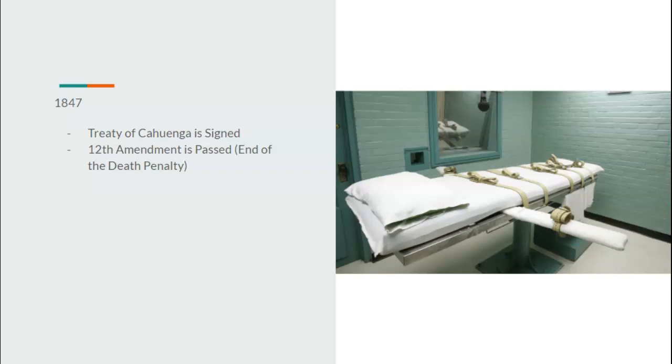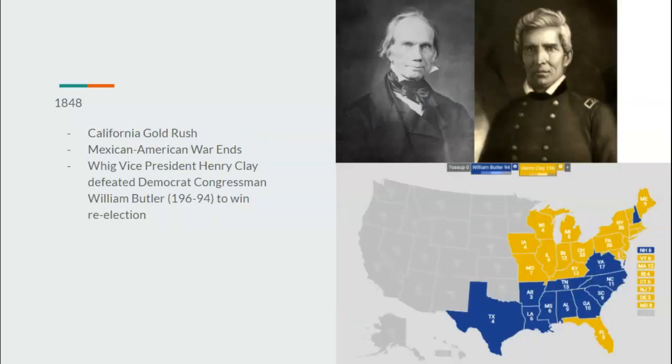Lewis Cass a staunch supporter of ending the death penalty. He would sign the 12th Amendment into law, which would signify the end of the death penalty. 1848, the California Gold Rush would begin.